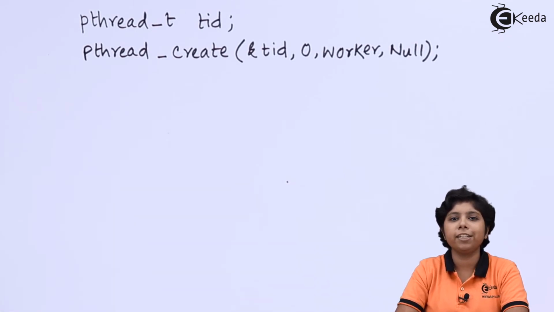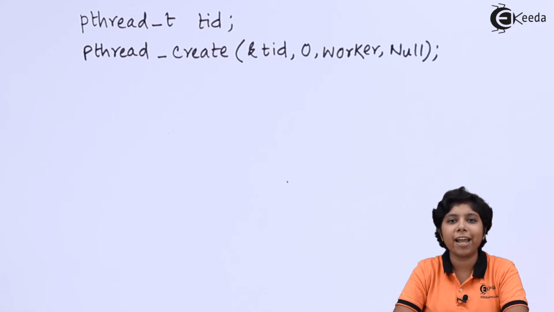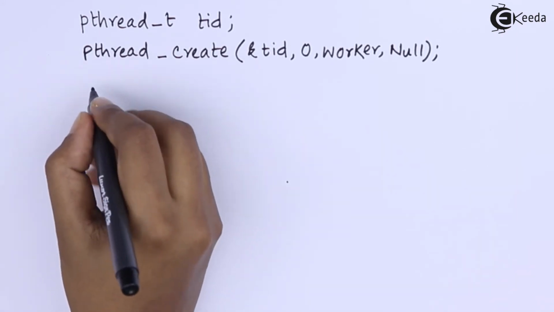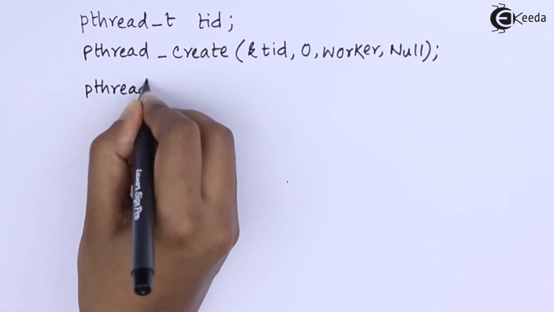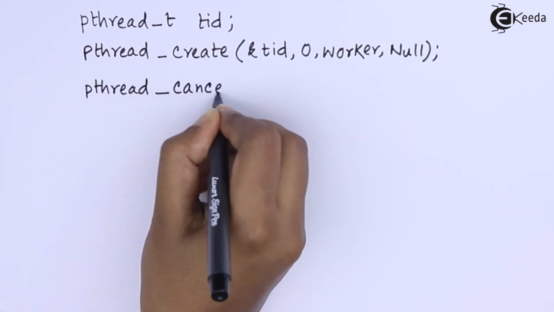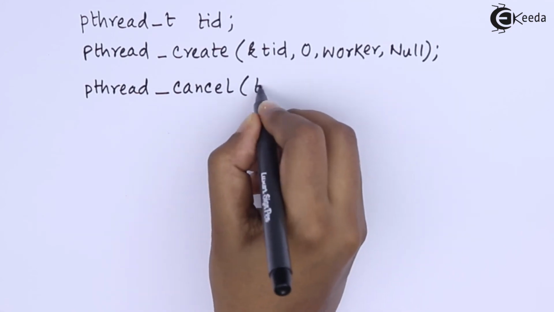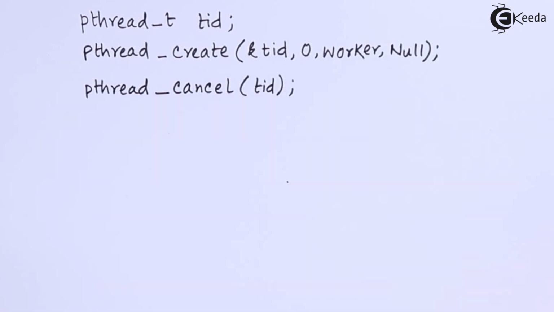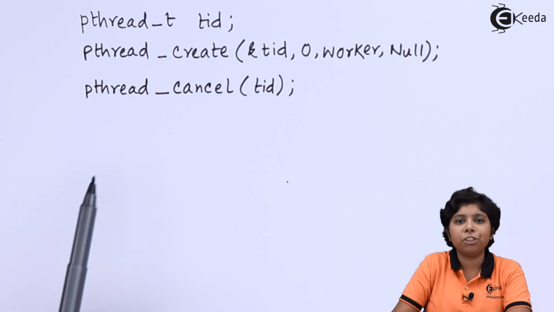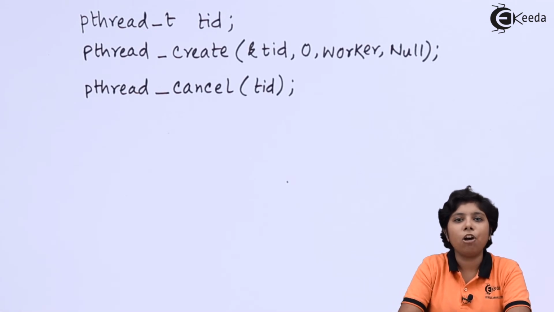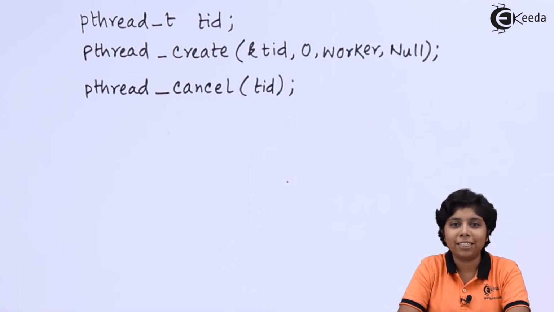First, we create the thread using the pthread_create function, passing the thread ID to that function along with other parameters. Now we want to cancel this thread as a target thread. The function pthread_cancel, with the thread ID as the parameter, can request a cancellation on that thread.